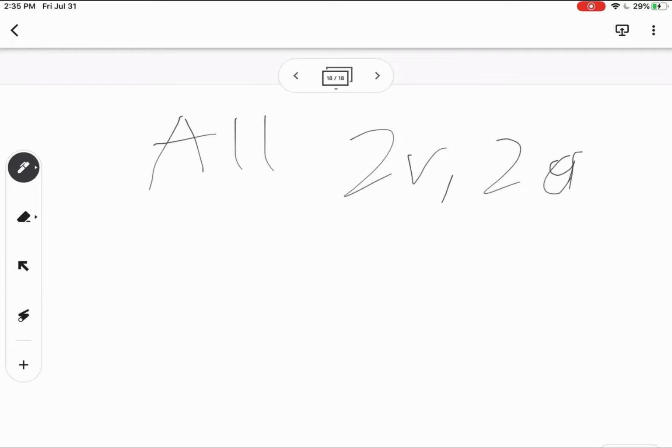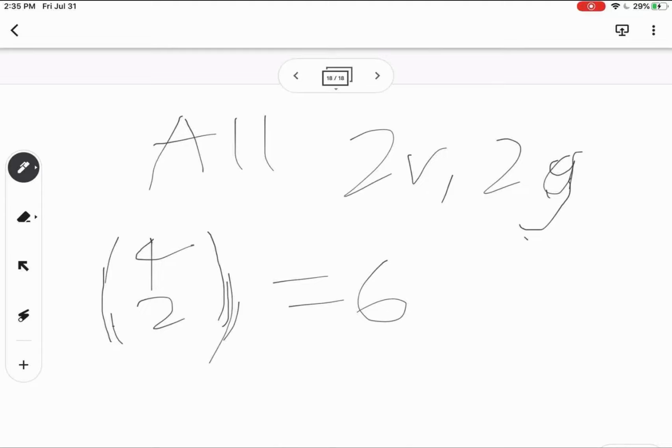Well, the good thing here is that you can use Pigeonhole. How many ways can you have 2 reds and 2 greens? You can have exactly 6, right? So there are 4 choose 2, equals 6 possibilities.